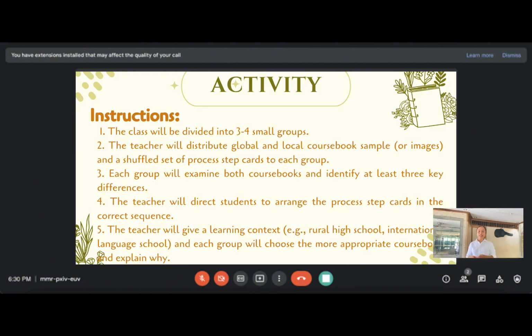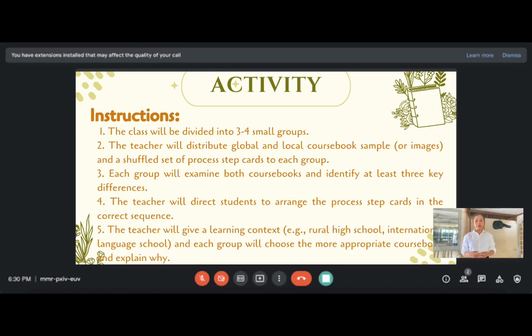You're going to work together to arrange the steps in the correct order. Now, for the final task, your group is going to choose a specific learning context, for example, a rural high school or an international language school. Based on the situation, you're going to choose which course book, global or local, will be more suitable. Then, since this is an asynchronous class, instead of explaining your choice and reasoning to the class, you're going to write it on a half sheet of paper.